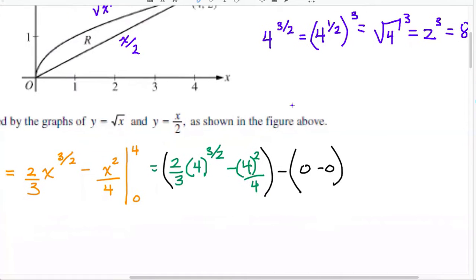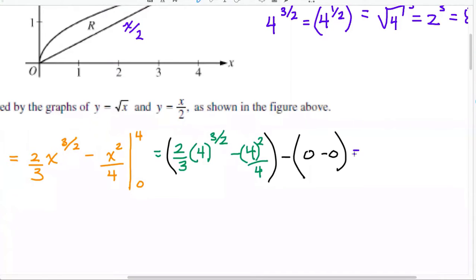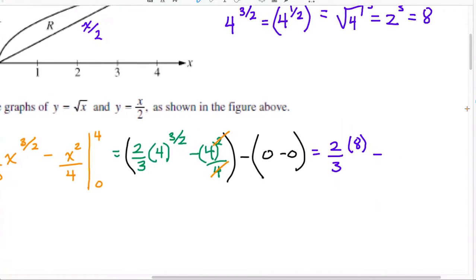So I come back down here. I can say this is now equal to 2/3 of 8 minus, and again, 4 squared over 4. I have a 4 on the top, a 4 on the bottom. So the trick here is you can cross off the 4s, and I'm just left with 4. And then from here, I know that this 3 is not going to go away.